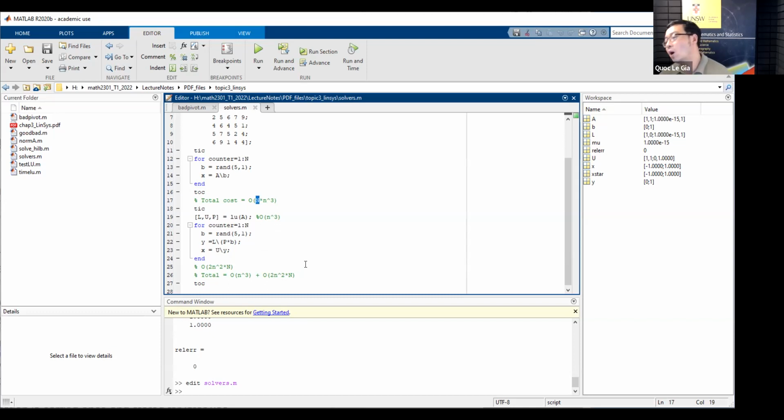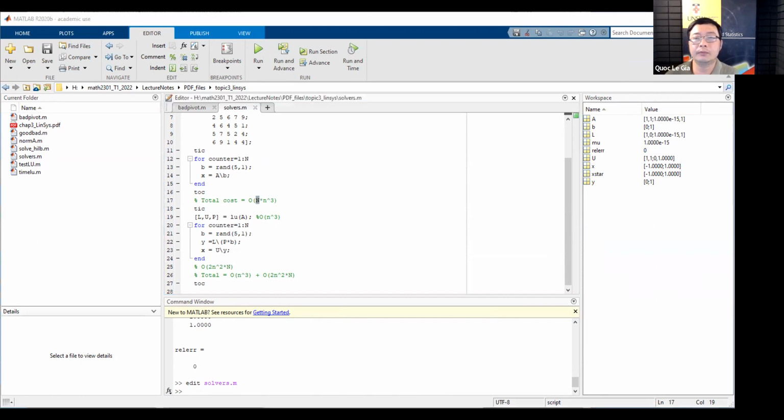So this shows that LU factorization will be faster when you solve many linear systems with the same matrix. So there is another example.